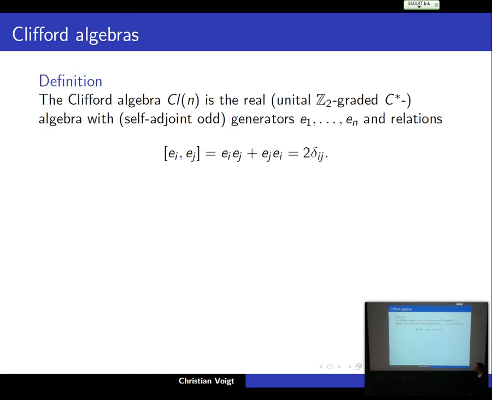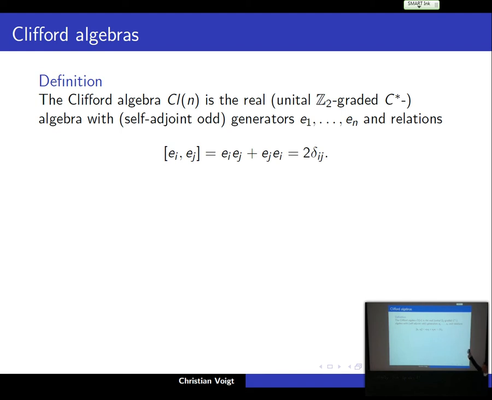So let's start from the beginning. What is the Clifford algebra? CL_n is the algebra with n generators, e_1 up to e_n, and these relations. At the moment I'm working with the real numbers. We will switch to complex numbers in a few slides. If you like, you can add a Z2 grading.